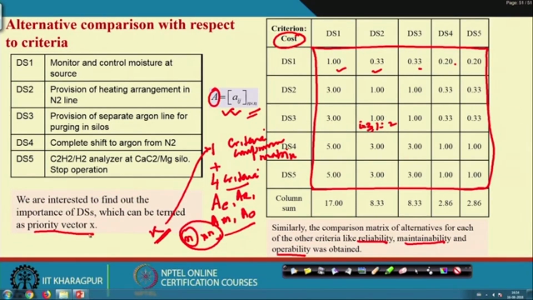In our example, there are 4 criteria and we have 5 design solutions. So, in total there are 5 comparison matrices: 4 with respect to each of the criteria for the alternatives and 1 for the criteria. Who will give you the data? Data will be given by experts. How many experts will you choose?